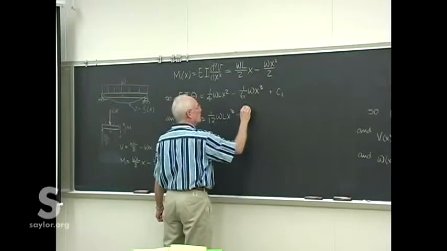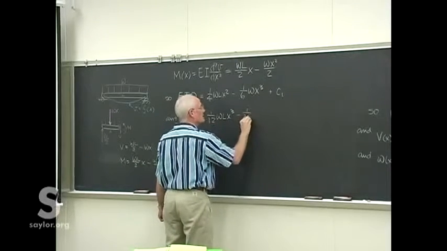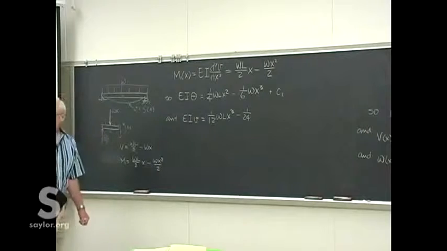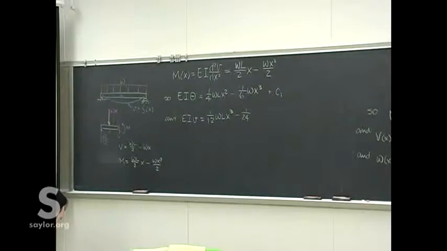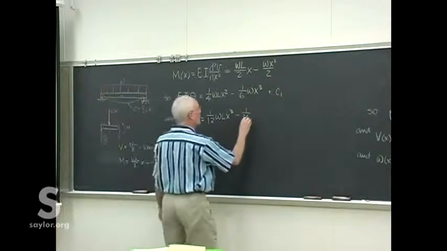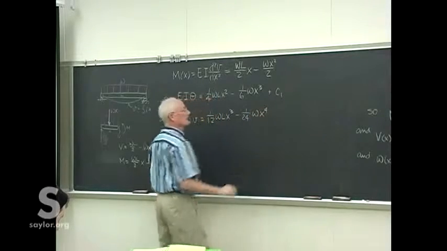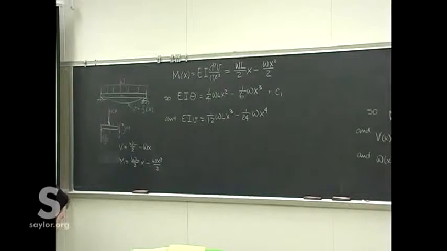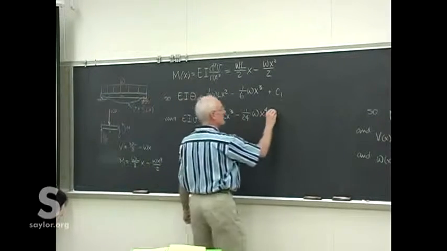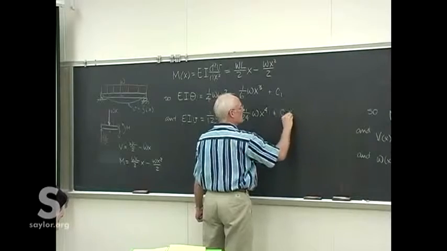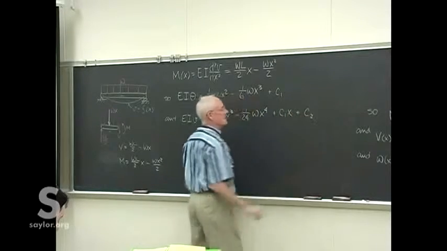So this becomes a 4. We get 1 over 24. These constants in the denominator accumulate wonderfully. You're going to have a great deal of fun tracking all those. Plus C1x plus C2.